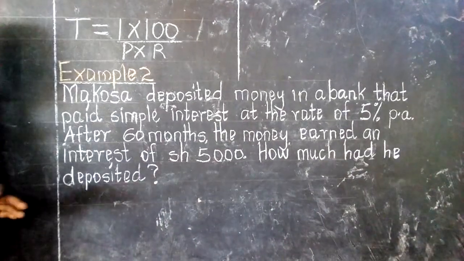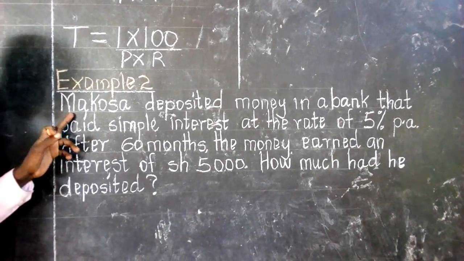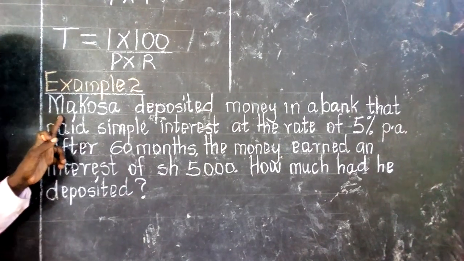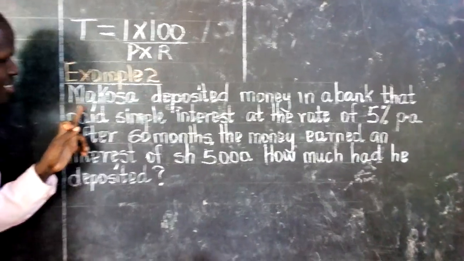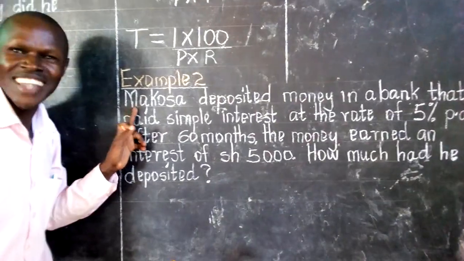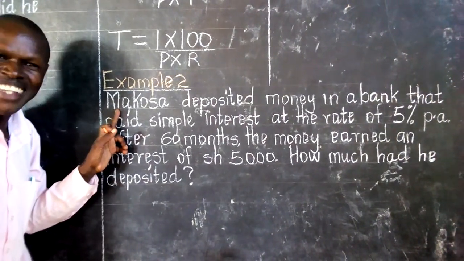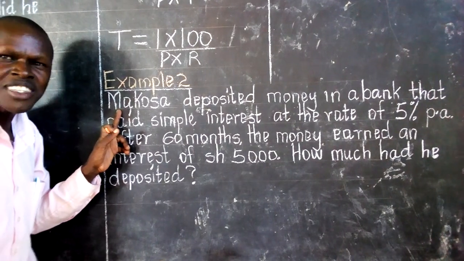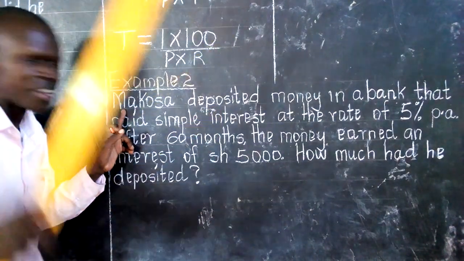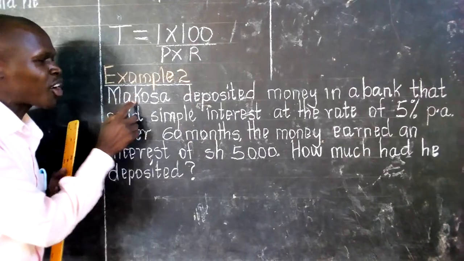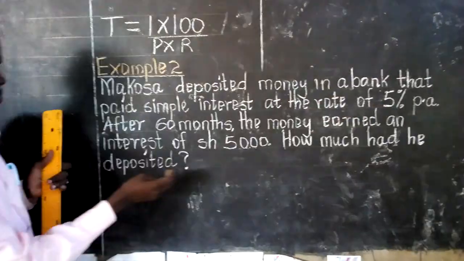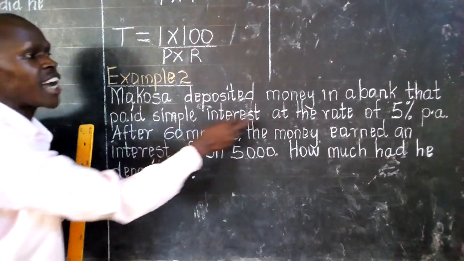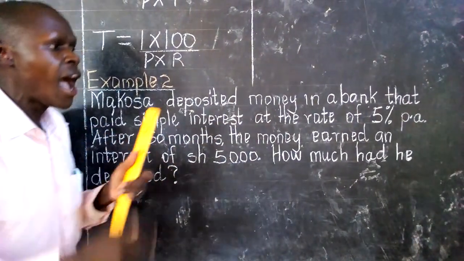Of course, yes. The question reads, Makosa. Hey, the name is Makosa. The name sounds funny, Makosa. That means, in English, can we say mistake? Maybe. So, Makosa deposited money in a bank that paid simple interest at the rate of 5% per annum.